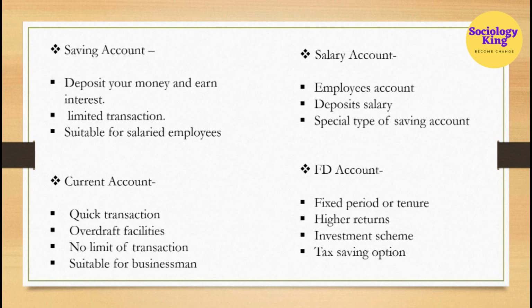What is an overdraft facility? Overdraft facility means that it allows you to withdraw even when the balance is zero. For this it does not give any interest rate. But for businessmen who need emergency cash for business dealings, it is one of the best accounts so that they can have unlimited transactions and get overdraft facilities.